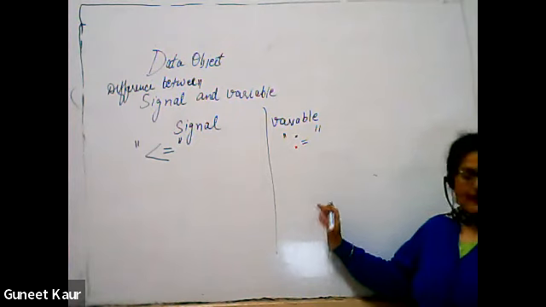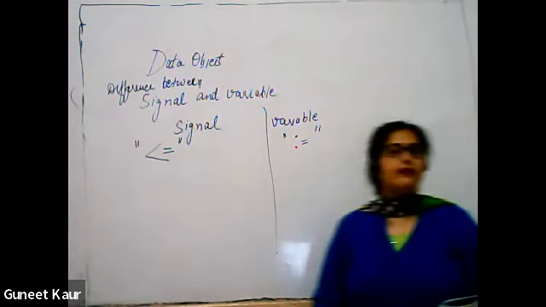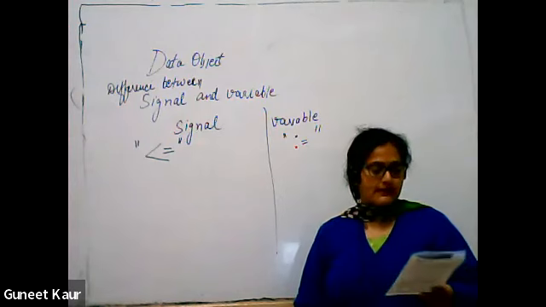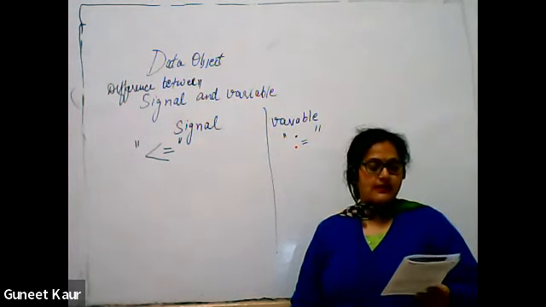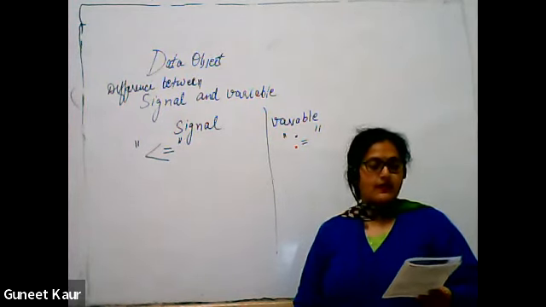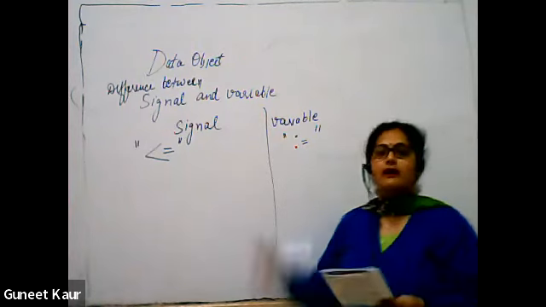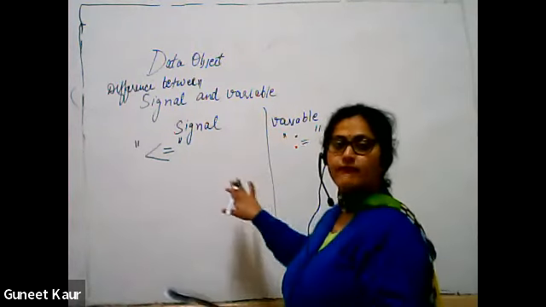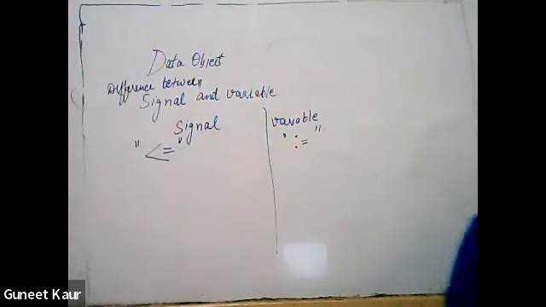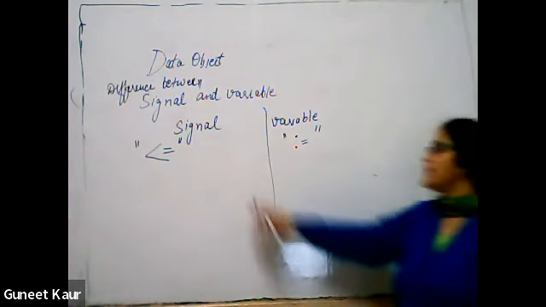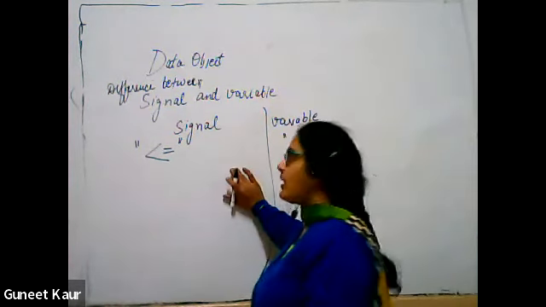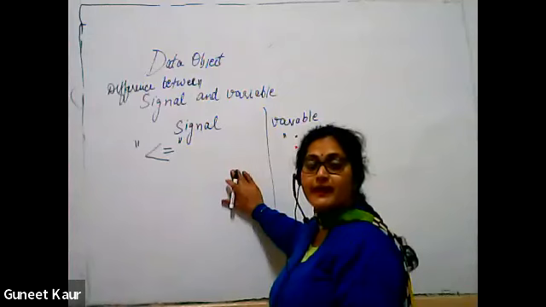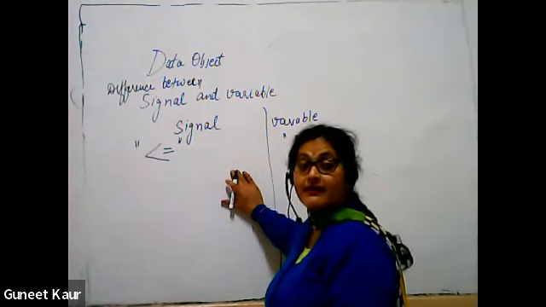Now, the last difference between the signal and variable is this. Using signal assignment statement, the computed value is assigned to the signal object after a delta delay, means the value is updated after some delta delay.